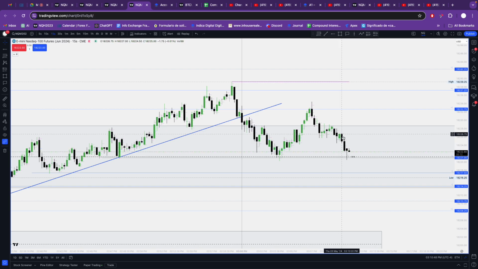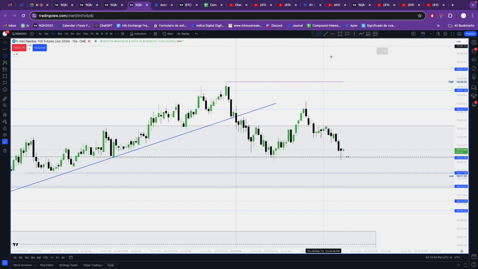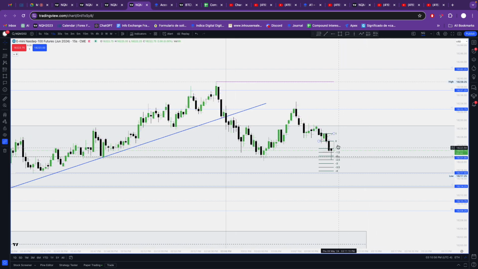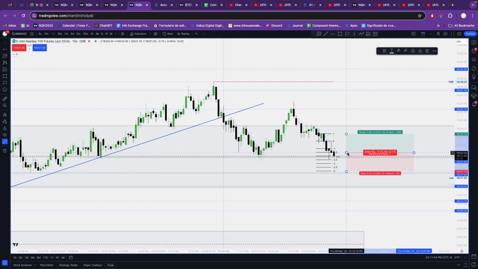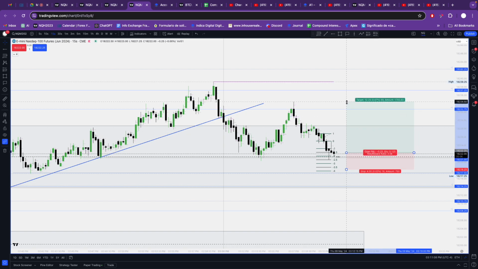Stage one, stage two, boom. Let's see. 2.5, perfect. Let's see if we can continue to take out this fair value gap right here. But this is how it would work if we were to go long. It would look something like this. We want to take out these highs here, 12 points.